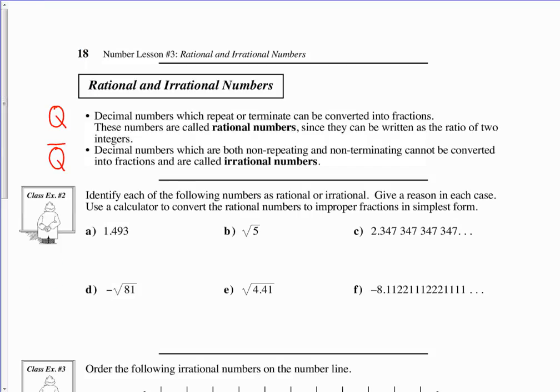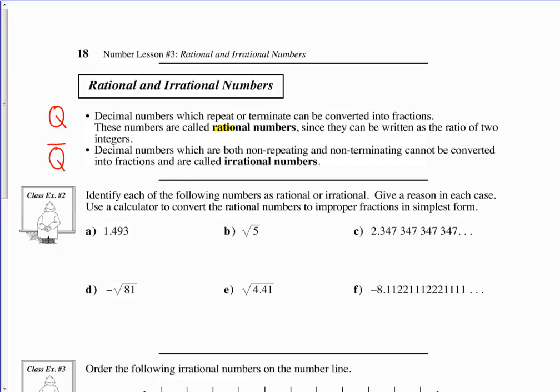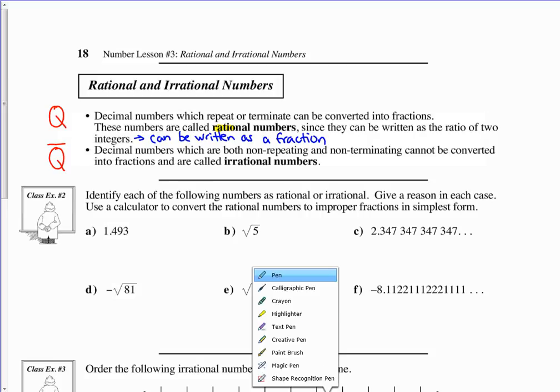The root of the word rational is ratio, meaning it can be written as a fraction. So rational numbers can be written as a fraction. Decimal numbers which repeat or terminate, let's highlight that.